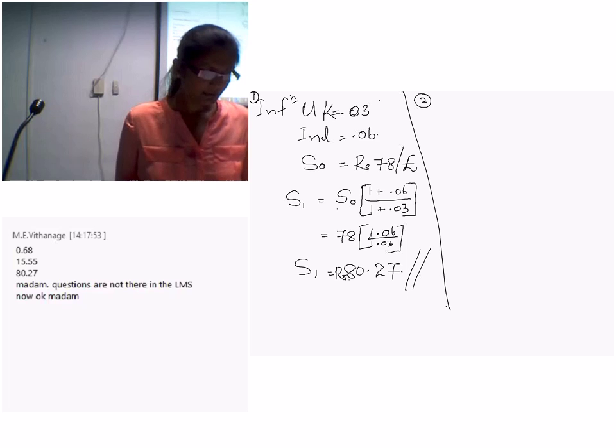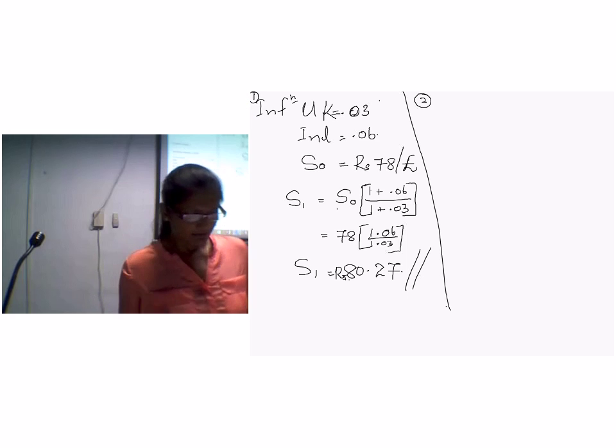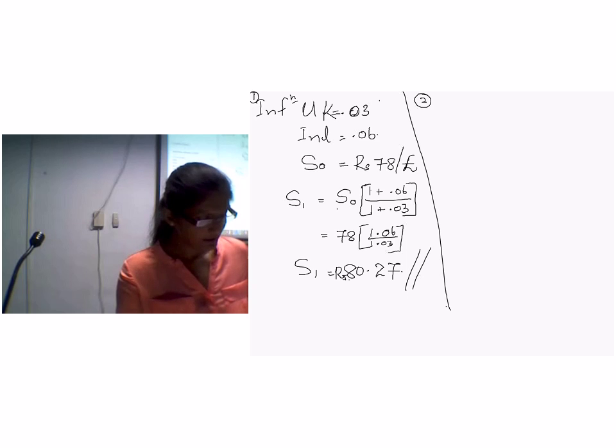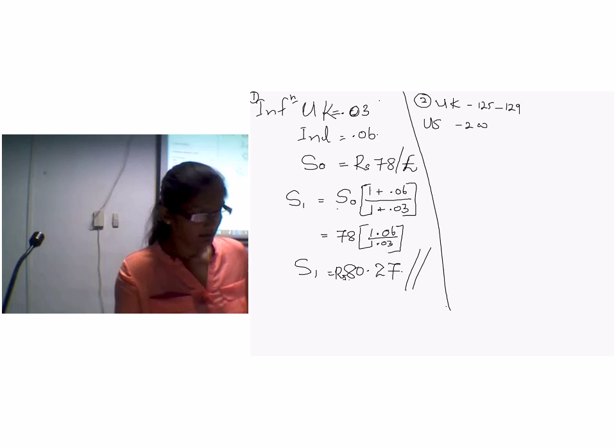In the UK it was 125, and it has increased to 129. In the USA it was 200 and it has increased to 205.